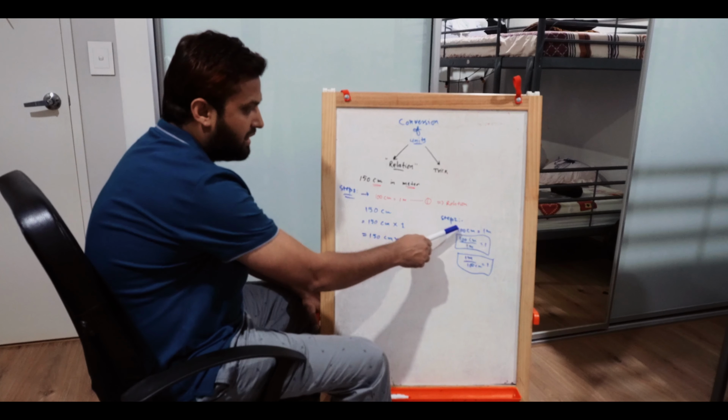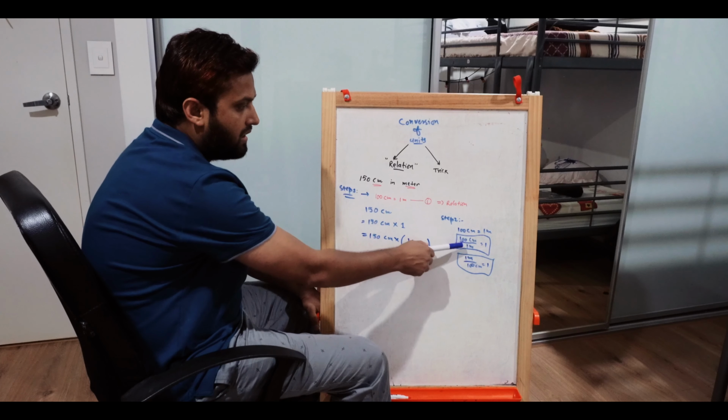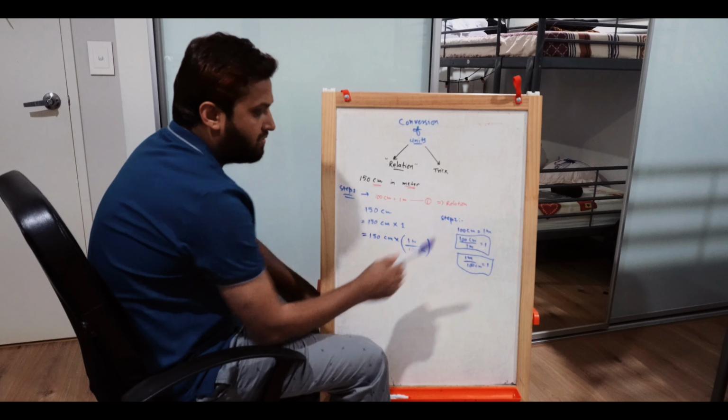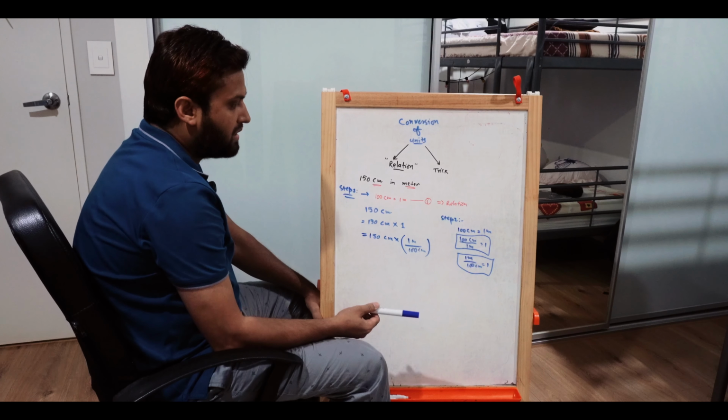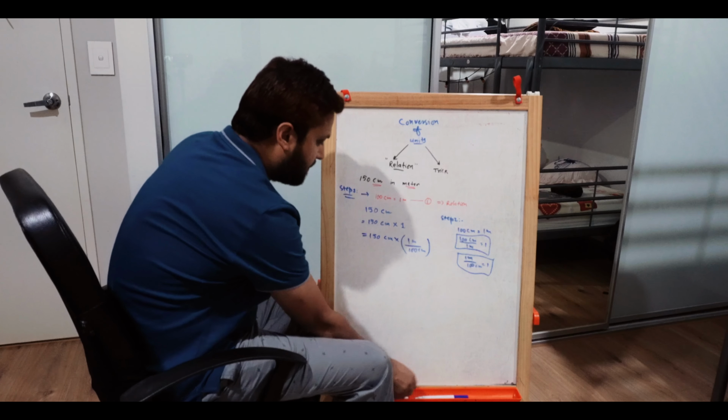देखिए ये रिलेशन स्टेप 2 से आपने क्या निकाला? 1 की वैल्यू निकाल ली है ना. 100 सेंटीमीटर बाई 1 मीटर इज ऑल्सो 1 एंड 1 मीटर बाई 100 सेंटीमीटर इज ऑल्सो 1, राइट? बट आपको क्या चाहिए आंसर में? मीटर चाहिए, राइट? तो अब क्या होगा यहाँ पे?